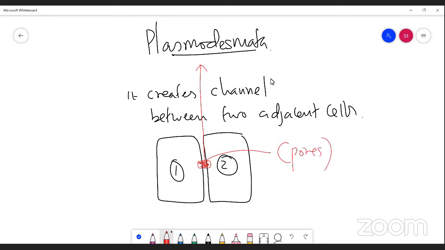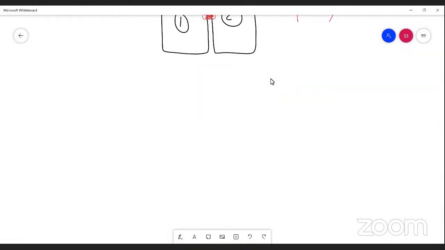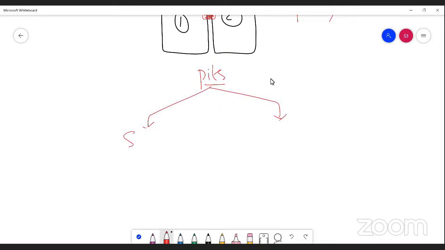These pores are of two types. I'm talking about pits or pores. There are two types of pits: one is a simple pit and another one is a border pit.